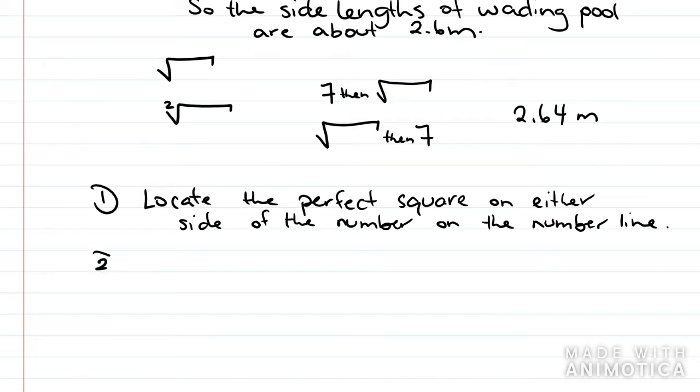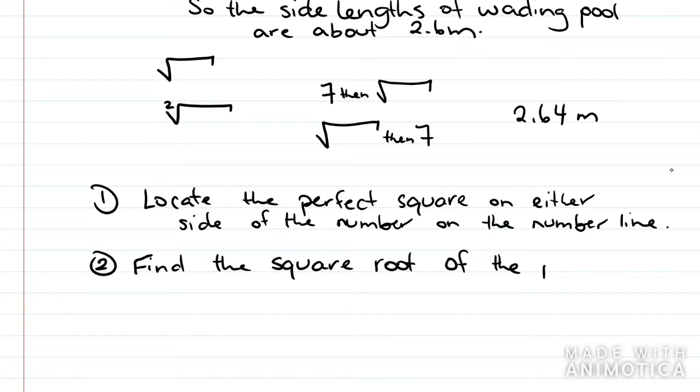Then we find the square root of the perfect square to the left of the number.